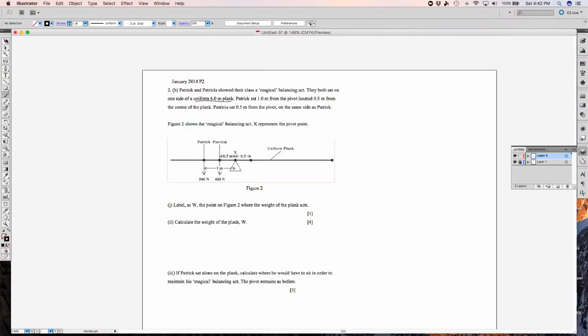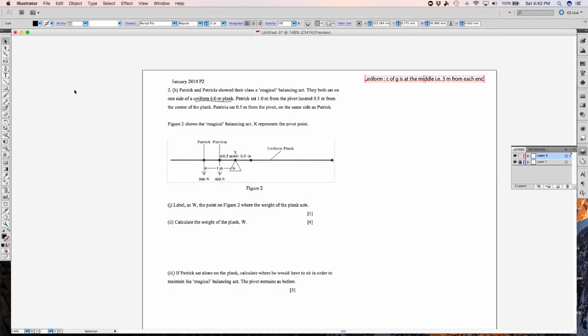Immediately, the word uniform tells us that for this 6-meter long rod, or plank, the center of gravity is 3 meters from the end.